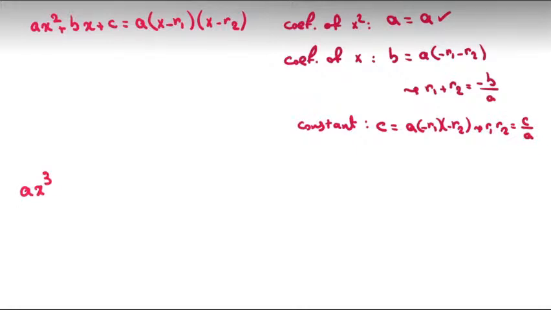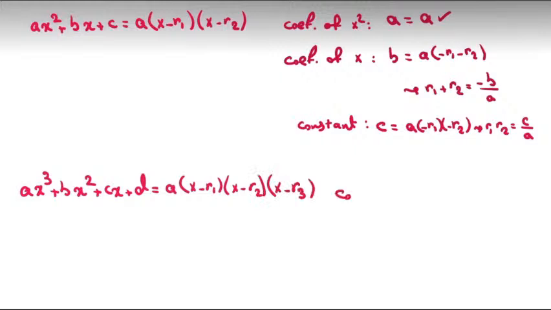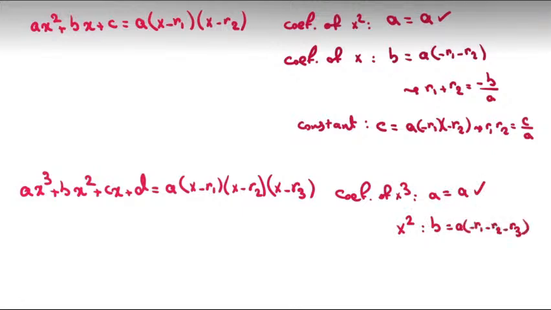Now, if you have a cubic function, ax cubed plus bx squared plus cx plus d equal to 0, you can say it is a(x minus r1)(x minus r2)(x minus r3). In the same way, you can find the coefficients; you can search the net for Vieta's formula, you will see. And the idea is this: the coefficient of x cubed is a, the right side a is okay. Coefficient of x squared, left side is b, right side will be a times negative r1, negative r2, negative r3. So from this part, you conclude the sum of the roots r1 plus r2 plus r3 is negative b over a.